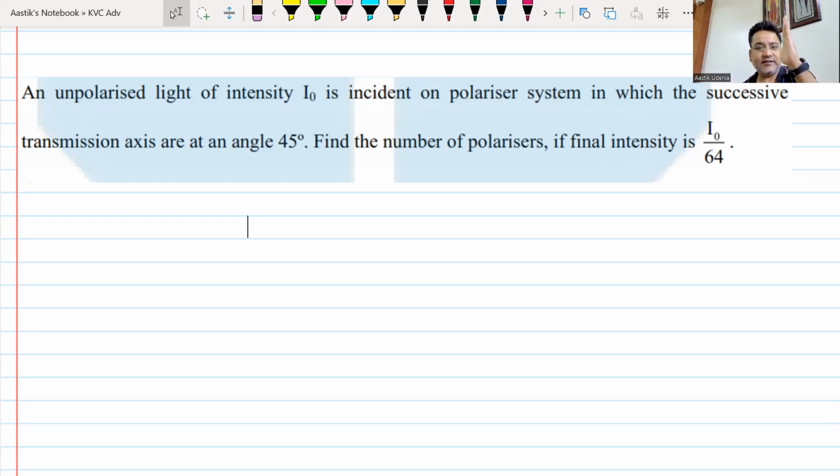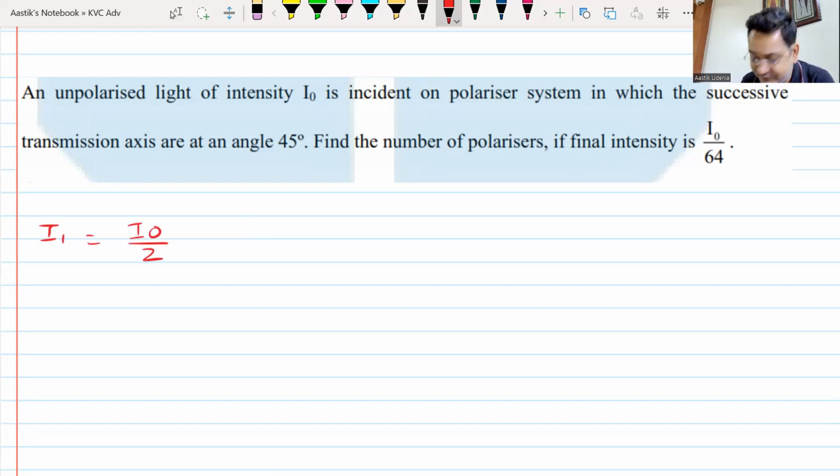You will have first polarizer, then second, third, fourth, fifth, sixth, seventh, and so on. How many polarizers are there in all? After the first polarizer, the intensity will become I naught by 2.